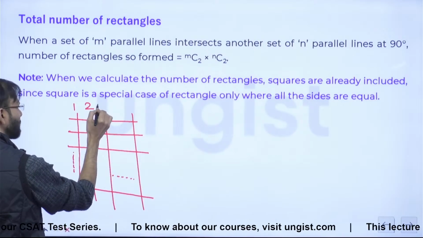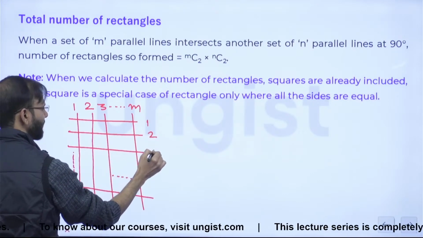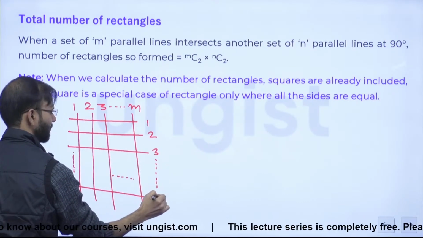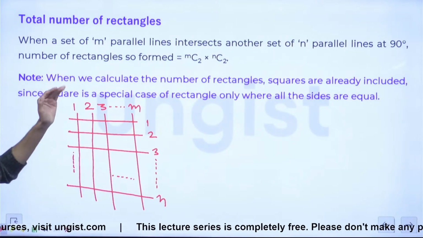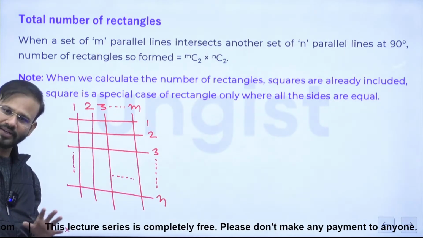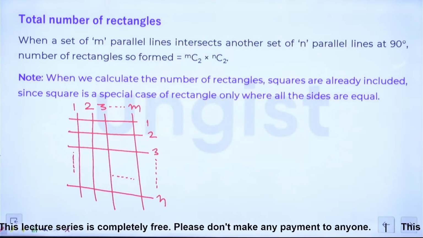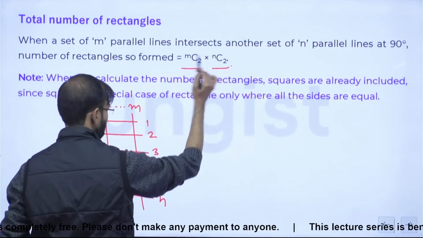Let's say this is 1, 2, 3 up to m. This is 1, 2, 3 up to n. Then the total number of rectangles so formed is equal to MC2 into NC2.